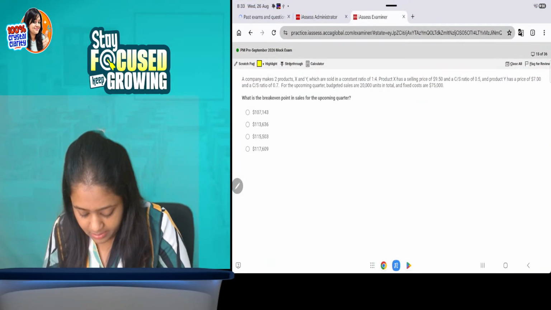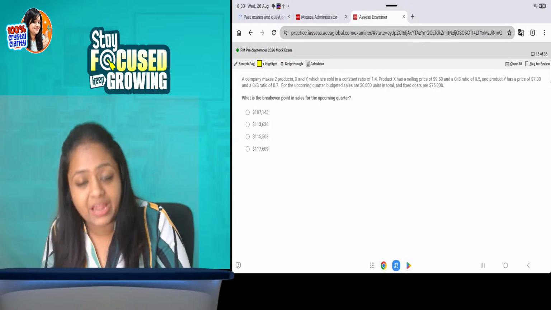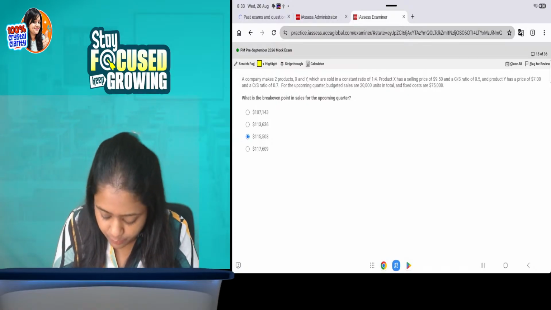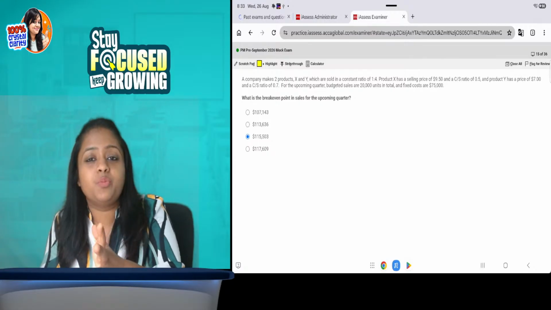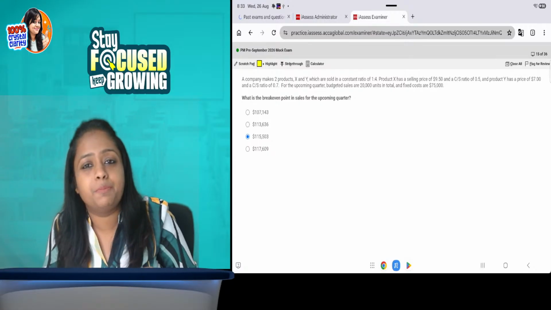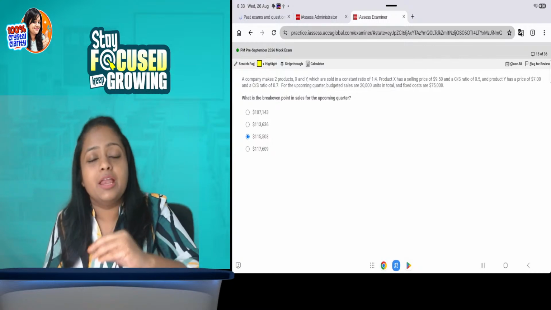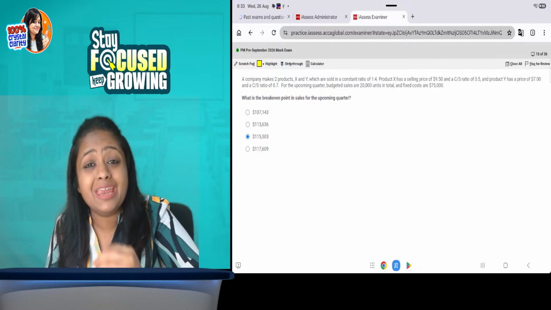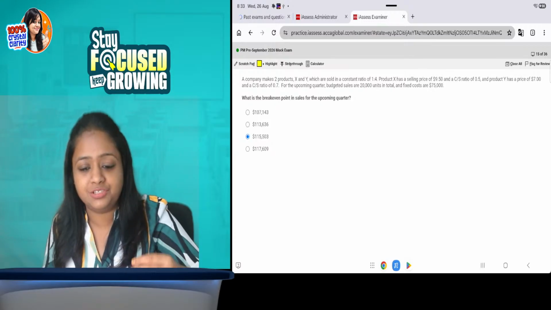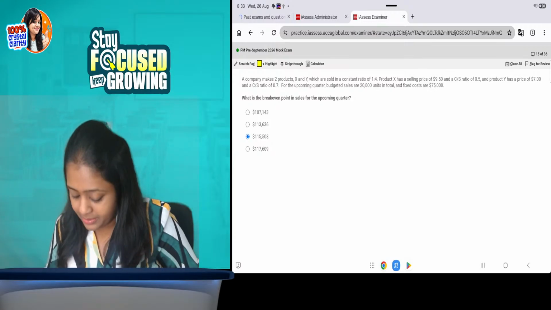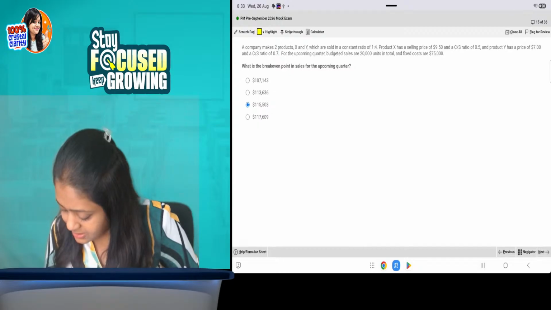When I look here, I find 115,503, so I will go ahead with this. In the simplest way, I've shown you how to calculate break-even revenue without going into any complex calculations, and you can use this approach for any question that you are solving in section A, B, C. Right, so we'll go to the next one.